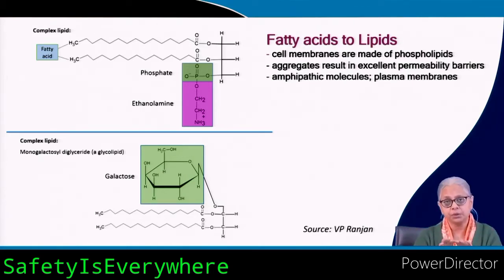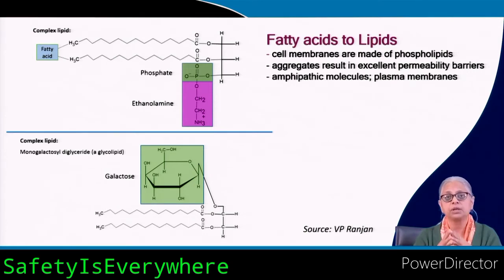and this layer becomes relatively impermeable because you have a non-polar layer sandwiched between water on both sides, because the plasma membrane has water on both sides. So that's how it forms, and this is very, very important in determining what goes in to the cell and what goes out of the cell.